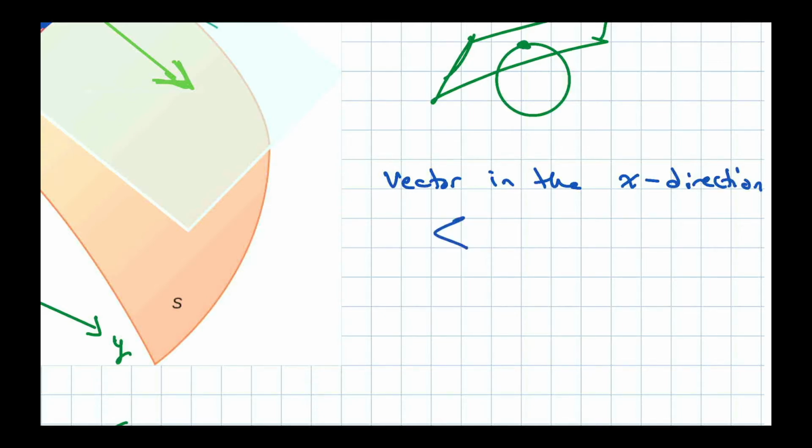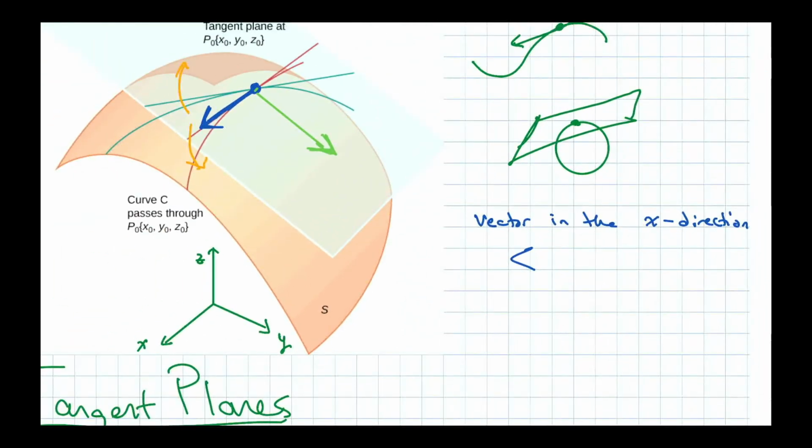If I'm writing x, y, and z components for this vector, first of all, if it's in the x direction, and then it's either up or down, then the y component of that vector is going to be 0.